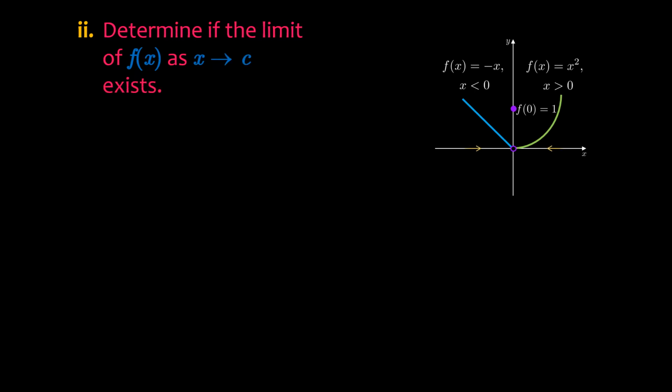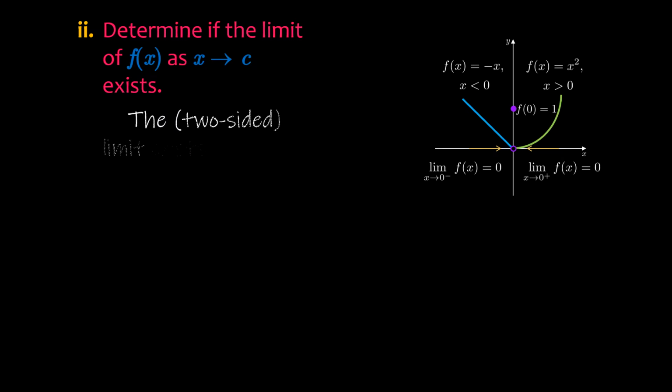From the example number 2.A, the one-sided limits are equal and are equal to 0. Hence, the two-sided limit exists, and it is equal to 0.